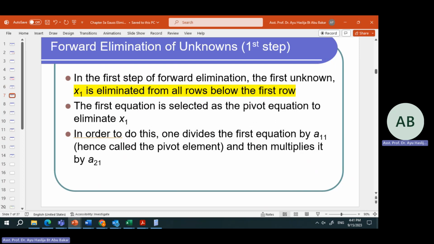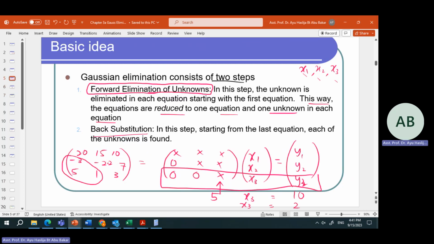In Gauss elimination matrix, you will find the term pivot. Pivot means we lock that row. For example, just now you have row 1, row 2, and row 3.